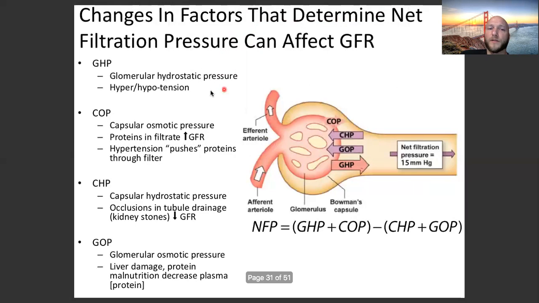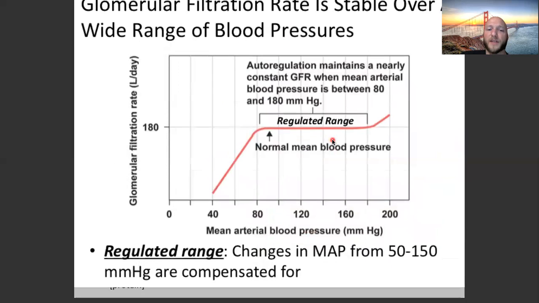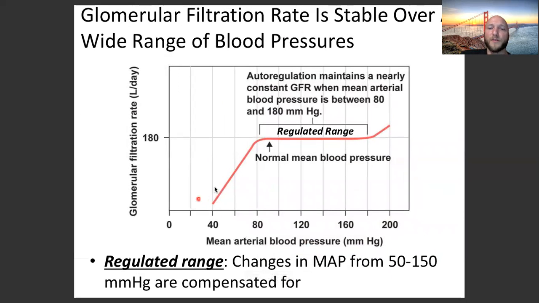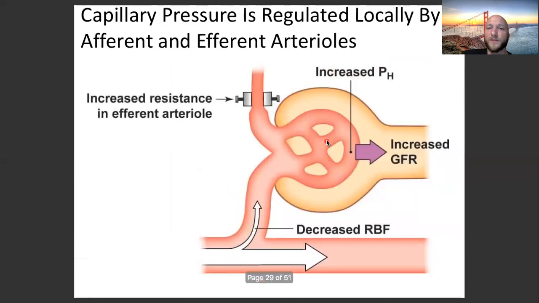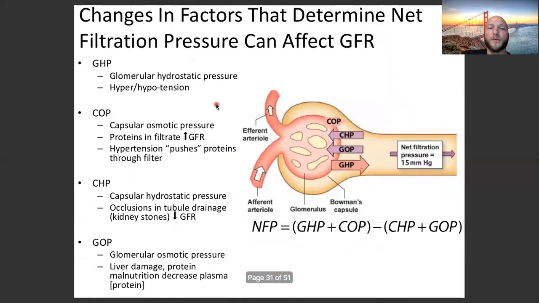Normally our afferent arterioles are able to maintain a stable pressure in this area, they can dilate or constrict and work for a stable GFR. But sometimes, like if MAP drops to 30 or if MAP increases to 250, we're not going to be able to maintain a stable GHP force.